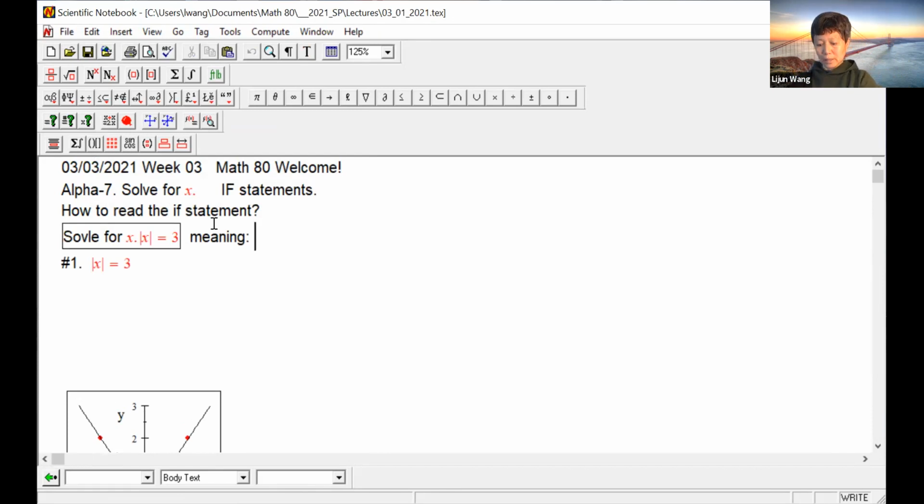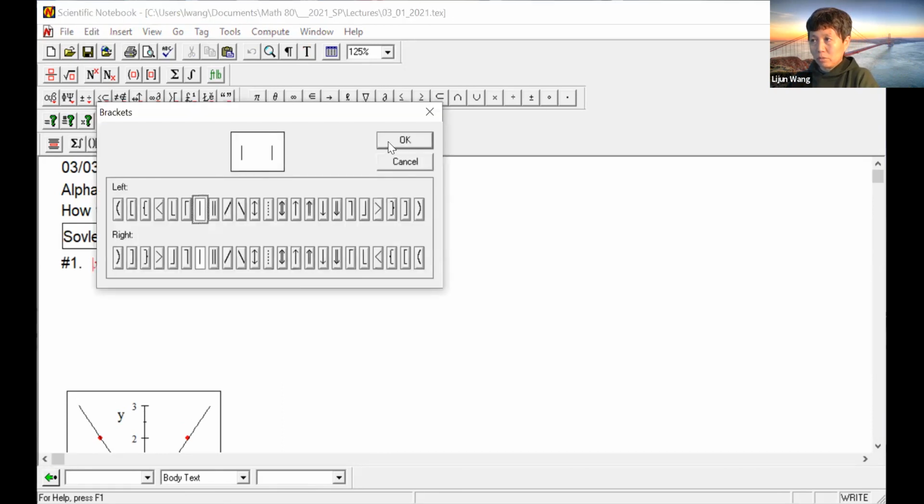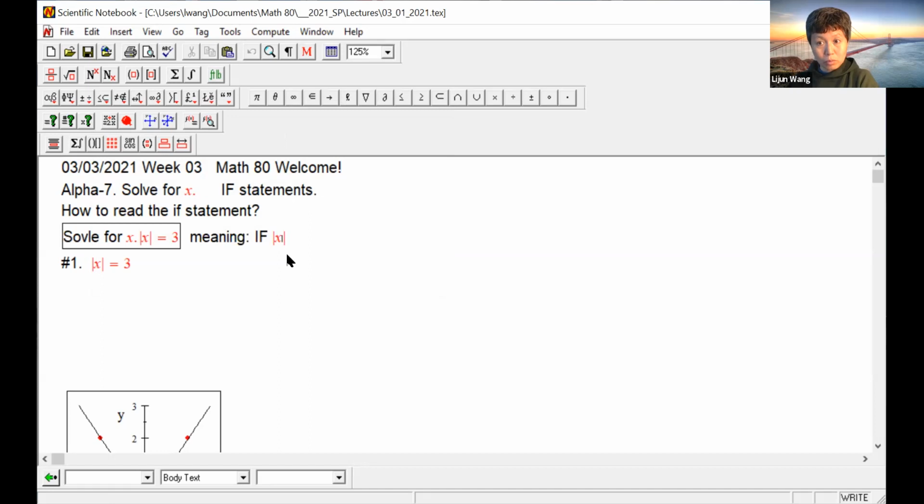The meaning is: if the absolute value of this number we don't know is 3, what are the possible values for x to make the statement true?